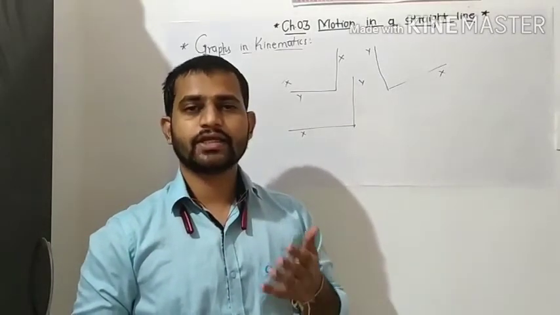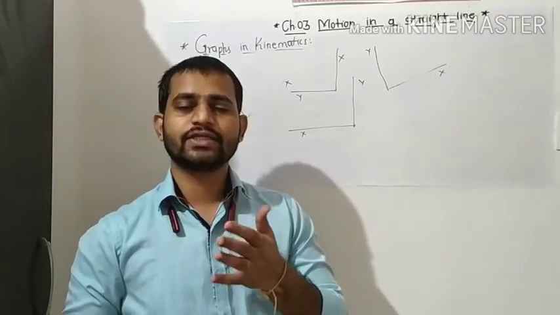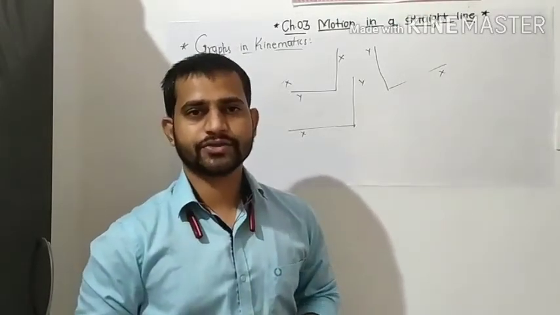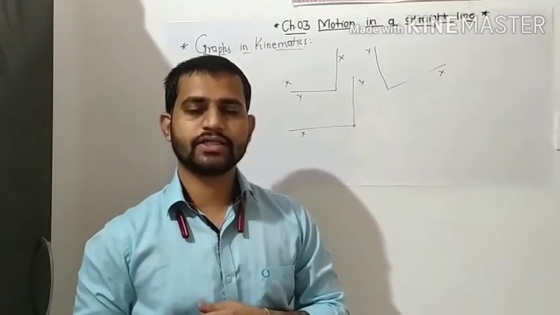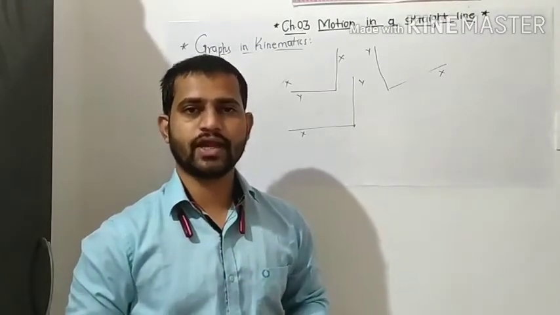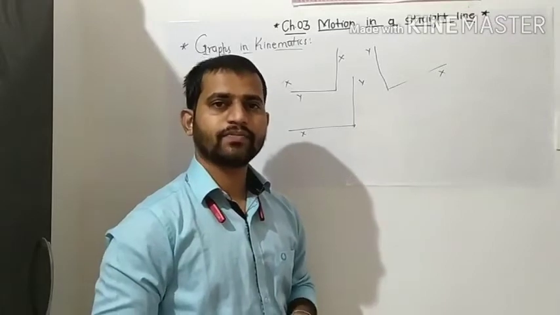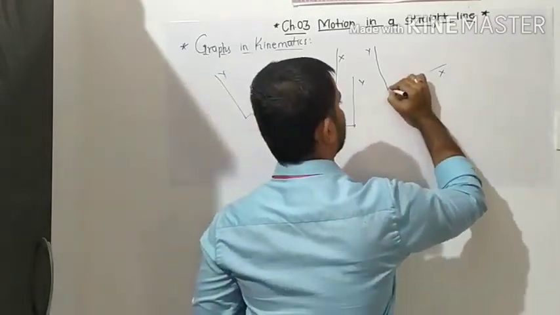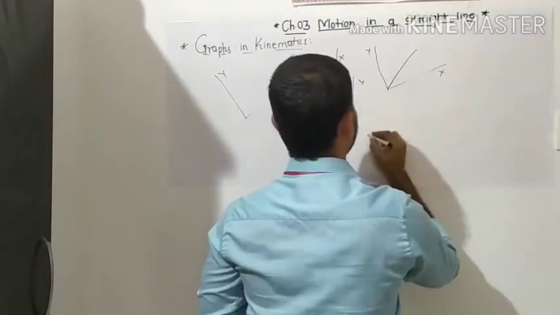Then it comes to the z direction, which is supposed to be at 90 degrees to both the x and y direction. The z direction is always at 90 degrees to the x and y direction.